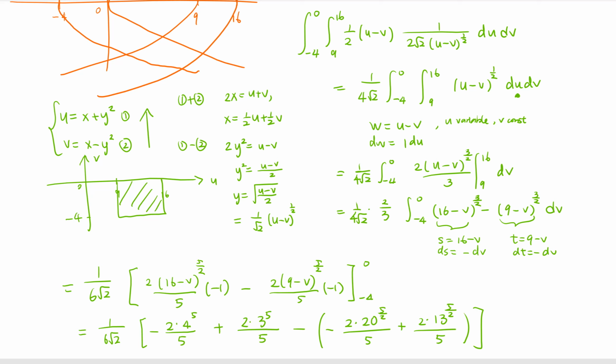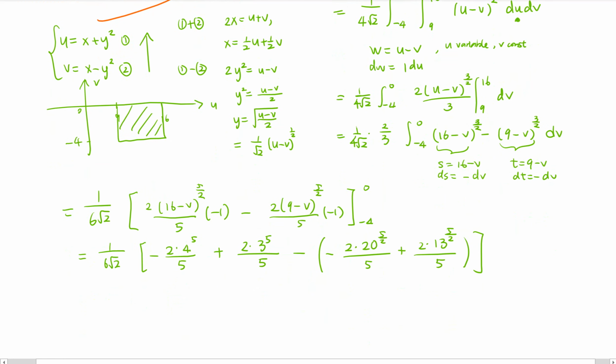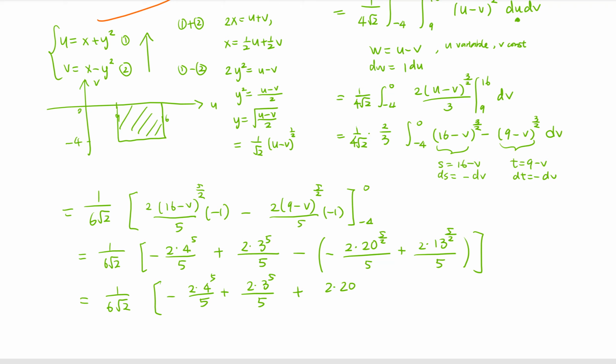Okay, so this is negative 2 times 4 to the 5th over 5, plus 2 times 3 to the 5th over 5, plus 2 times 20 to the 5/2 over 5, minus 13 to the 5/2 over 5.